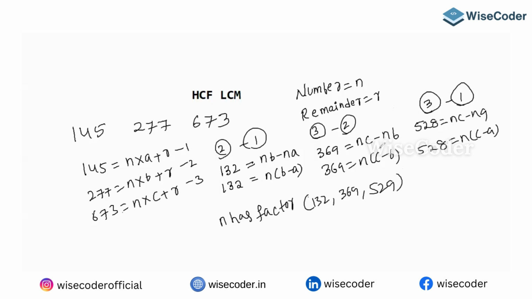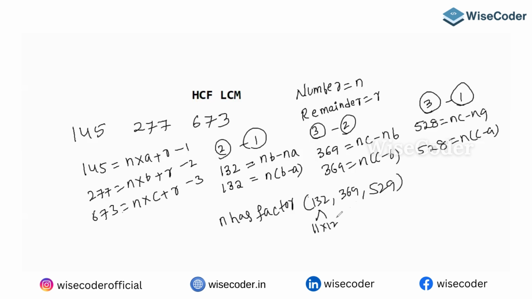So finding the HCF of these is what we need. You can write 132 as 11 into 12. Yes or no? Are you getting my point? Checking whether the other two numbers are divisible by 11 and 12, we find that they are.